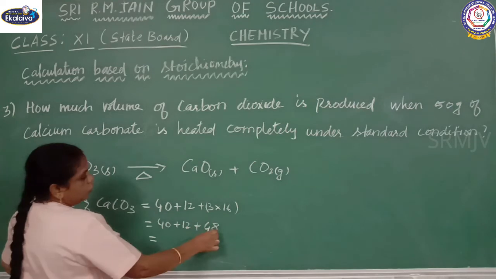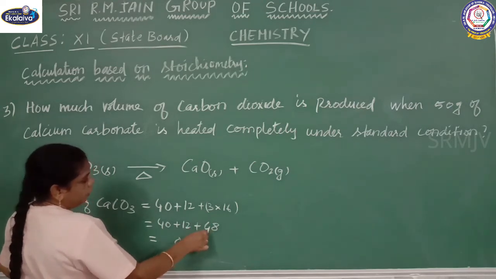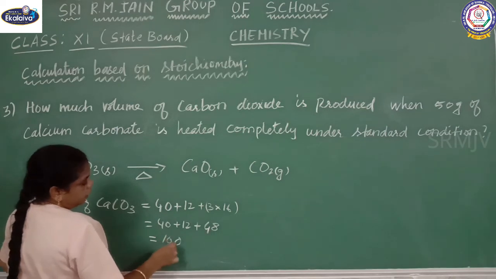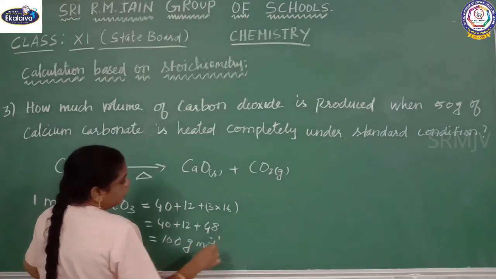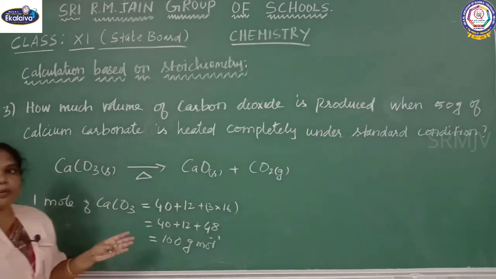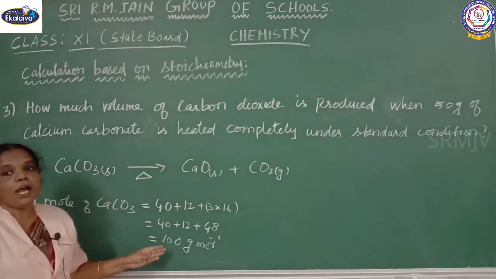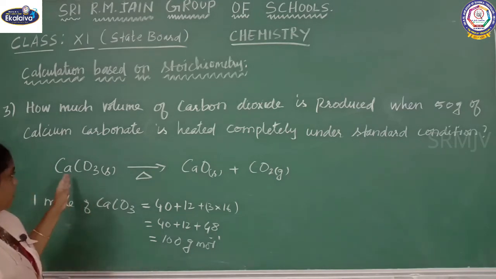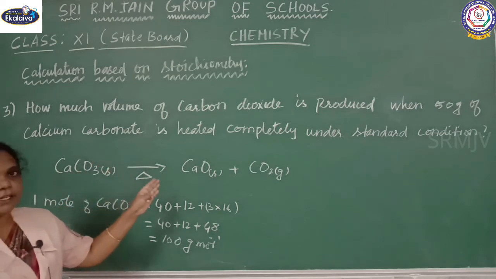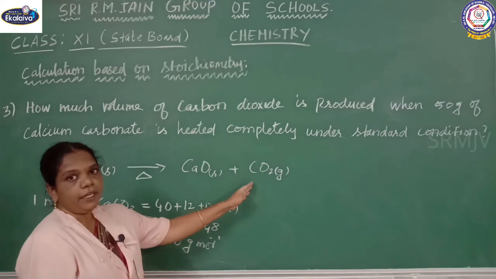Now 8 plus 2, 10, remainder 1, 5 plus 5, 100. So 100 grams per mole. So how many grams are going to be involved? 100 grams of calcium carbonate is involved in the heating reaction to produce 1 mole of carbon dioxide.